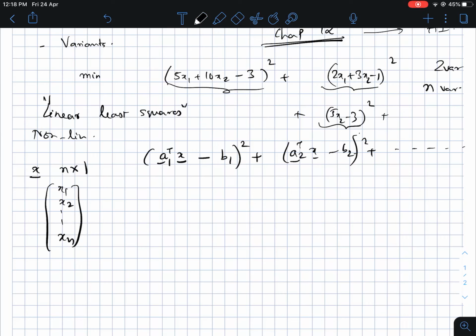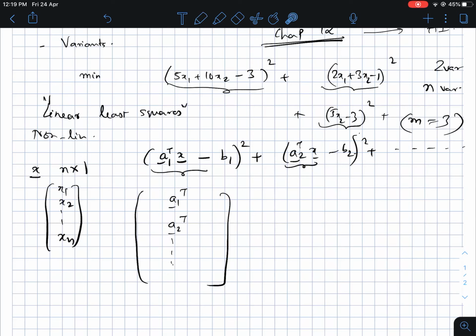If we look at the terms here, simply a1 transpose x, a2 transpose x, we construct the matrix with rows a1 transpose, a2 transpose, and so on, where the number of square terms is m. Here you have m equal to 3, because there are 3 square terms.